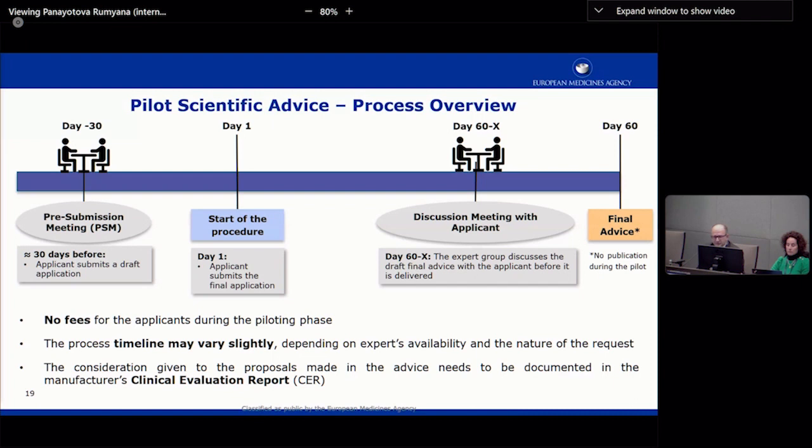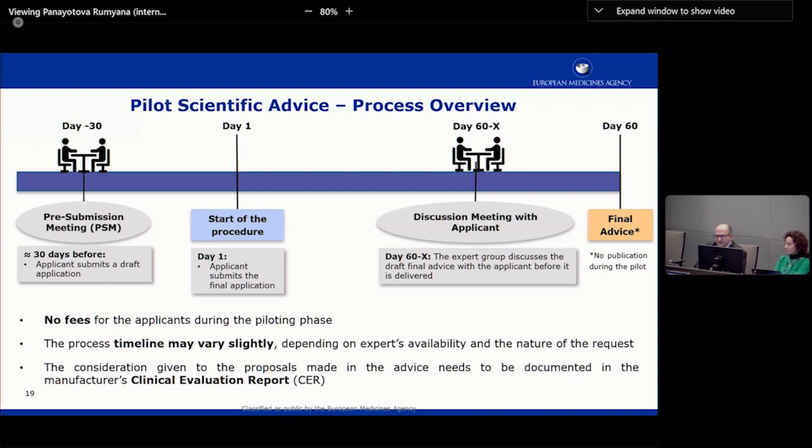But we'll also include a mandatory pre-submission meeting, which is in this case destined specifically to help the applicant prepare the scientific advice application, because we understand that in this specific setting for the medtech industry, some applicants might not be very familiar with the process, so we need to give as much input as needed so that they get the most out of this advice also. Currently, the pilot phase is ongoing without any fees charged to the applicants, so it's quite appealing at this stage.